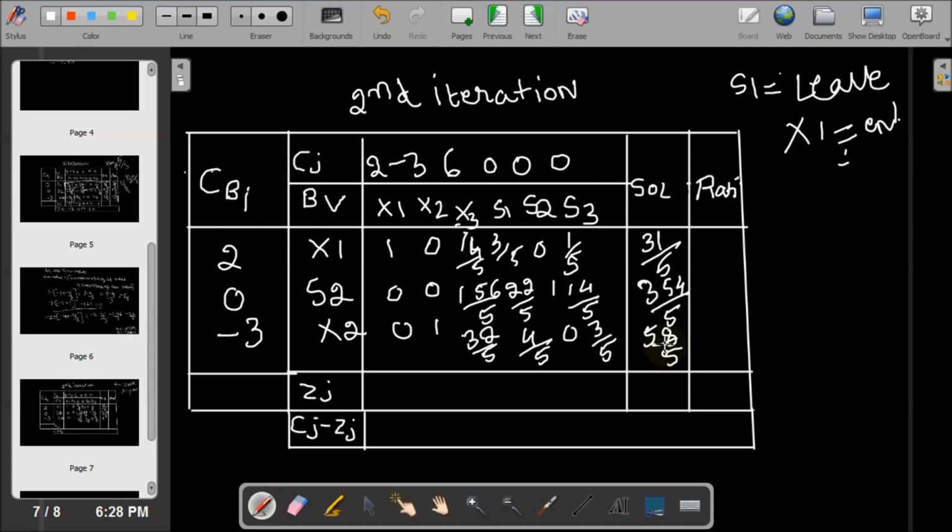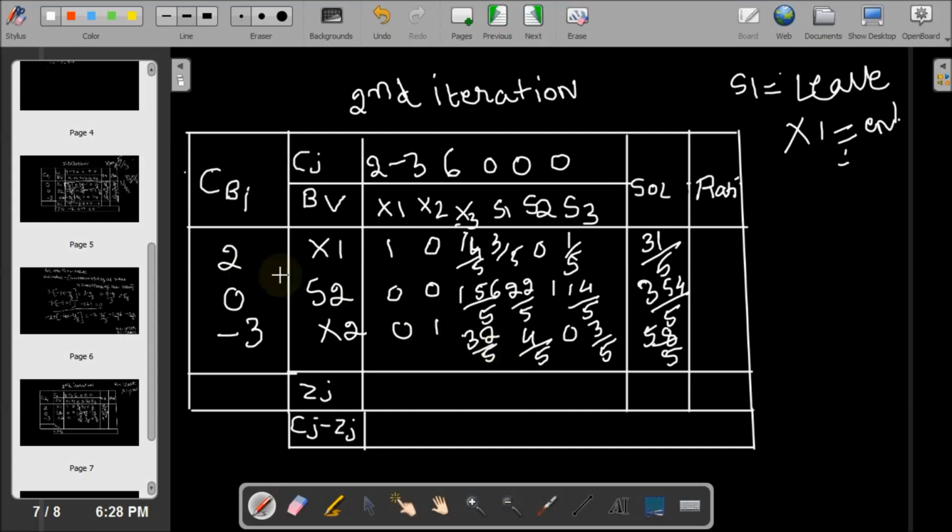Now the Zj values. What are the Zj values? You know that, right? I will repeat one more time. 2 into 1 plus 0 into 0 minus 3 into 0. Like that, 2 into 0, 0 into 0 minus 3 into 1. Like that, 2 into 14 by 5 plus 0 into 156 by 5 minus 3 into 32 by 5.